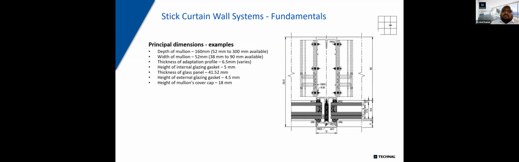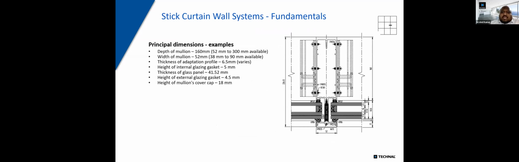So as Technal, we are offering the complete system, the gaskets, the pressure plate, the screws, the polyamide. All of this comes from a single source. So there's a lot of peace of mind for stakeholders that you are getting a fully verified component from one single supplier. And that's something which we're very proud of. And it's important also to maintain the integrity and the performance of the facade curtain wall system.